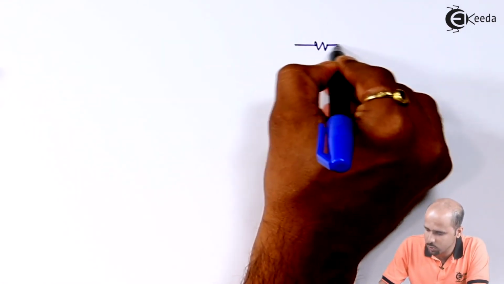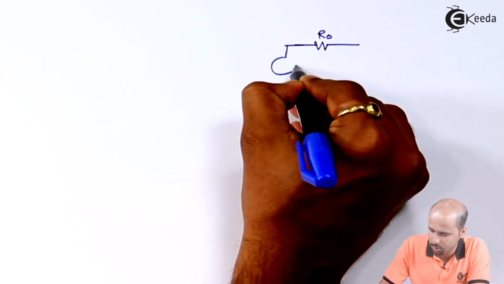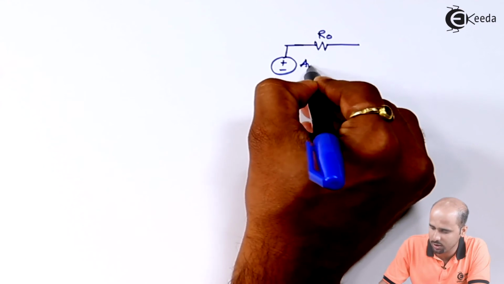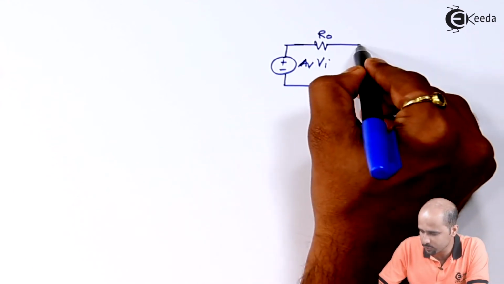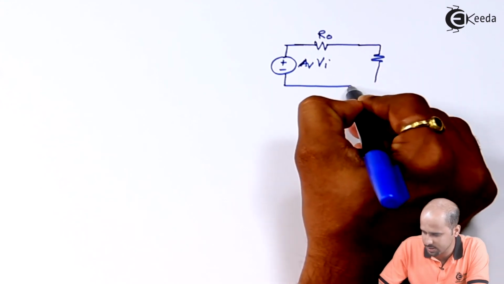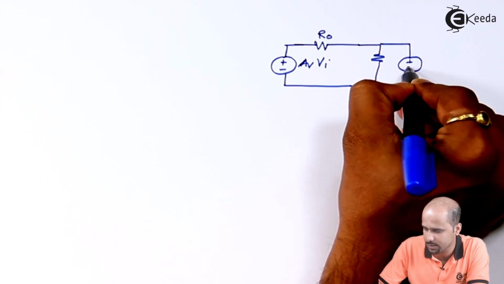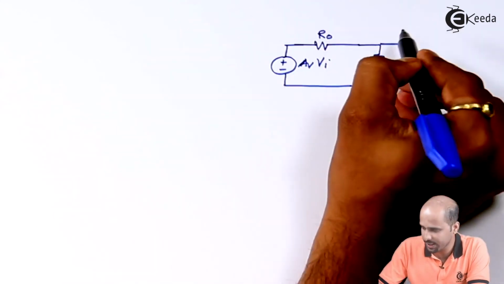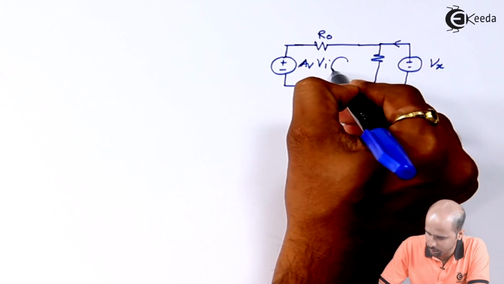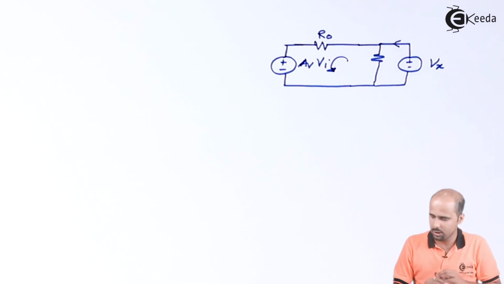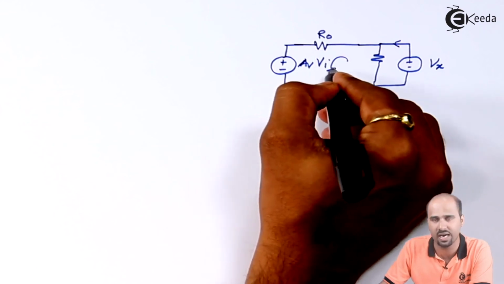This will be your resistance RO, this is your voltage source AV into VI, and this is your load resistance, and here I will be having Vx. Whatever value I consider for KVL should be only with Vx, IO, RO, AV and VI.